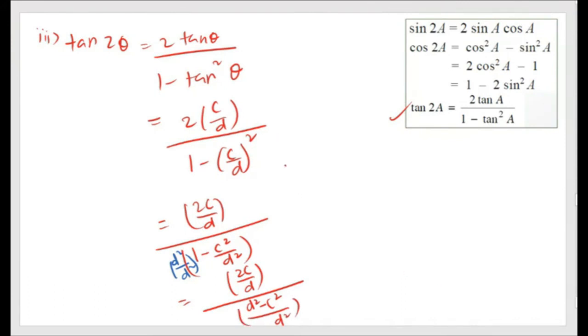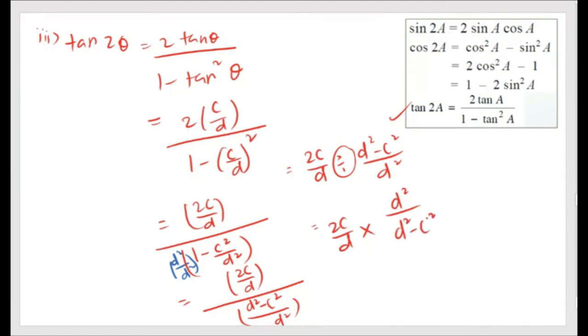After this, we can do 2c over d divided by d square minus c square over d square, and change the divide to multiply, flipping it: d square over d square minus c square. Then simplify: 2cd over d square minus c square. This is the simplest form.